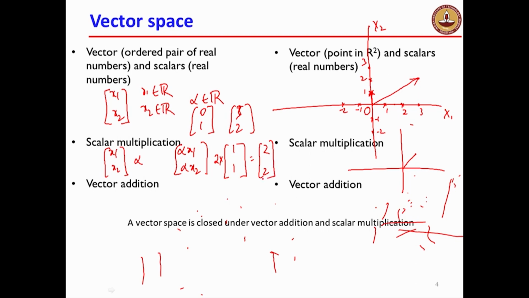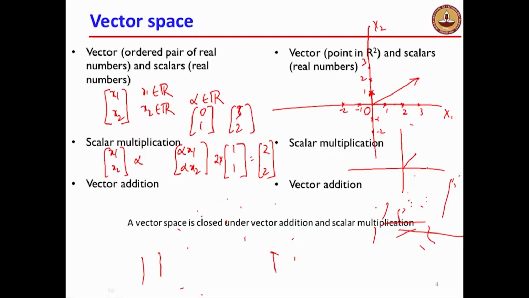Geometrically, I get another vector over here; you mark out 2 comma 2, and then this is my first vector, and after multiplication I get another vector. In this case you can see multiplication of a vector by a scalar does not change direction; you get a new vector which is collinear with the old vector.